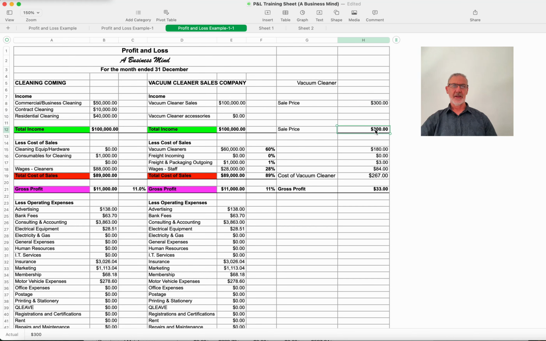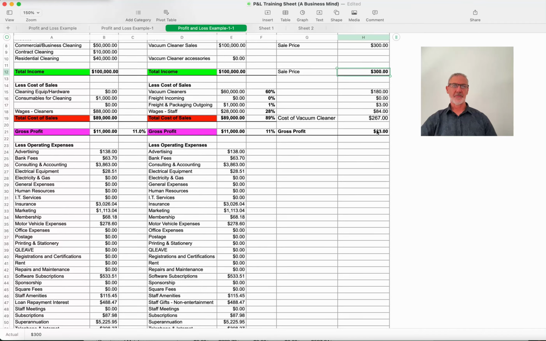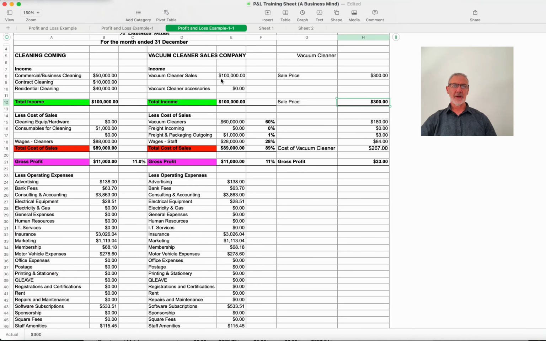So each individual vacuum cleaner we're selling for $300. So if we bought in $100,000 worth of vacuum cleaners, we sold them at $300 each, and the cost of those vacuum cleaners to buy them in was $60,000, and we have the freight on those and the wages.